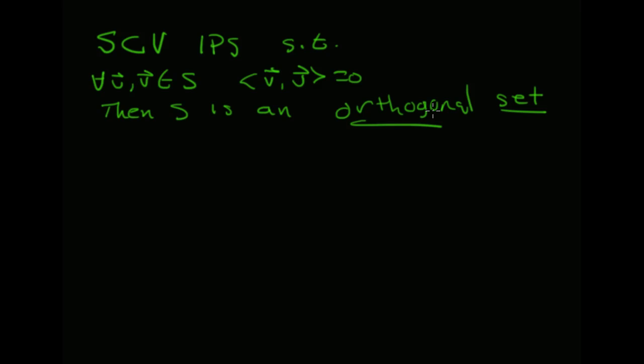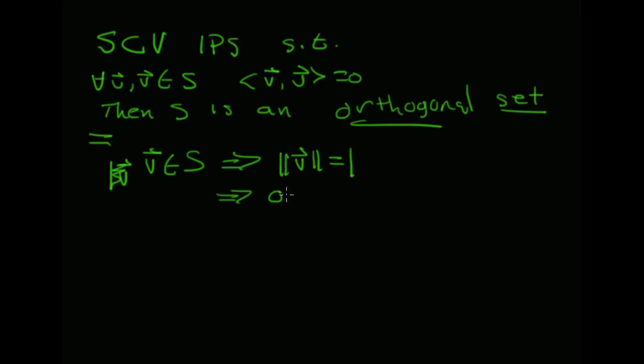Okay, so if I add to this that if v is in S, then this implies that the magnitude of v is 1, then we call this an orthonormal set.